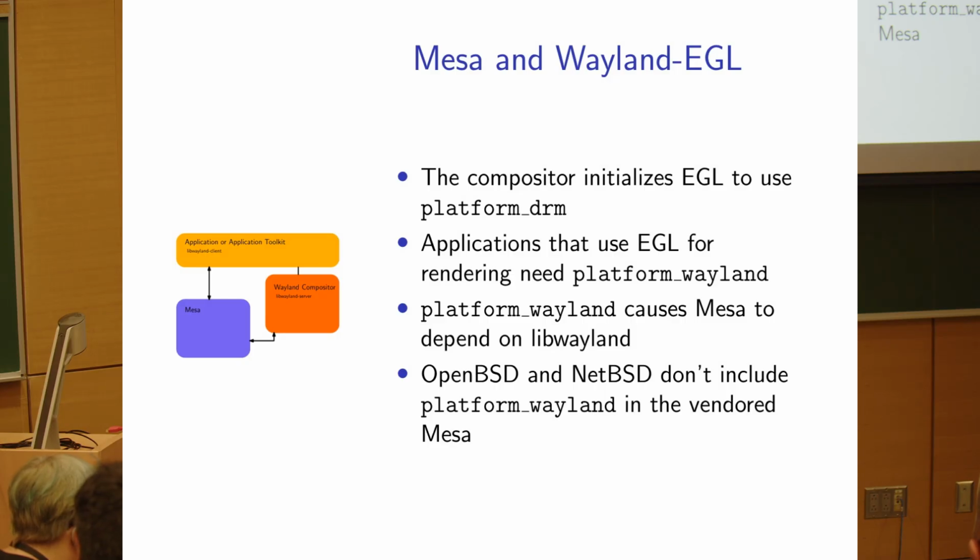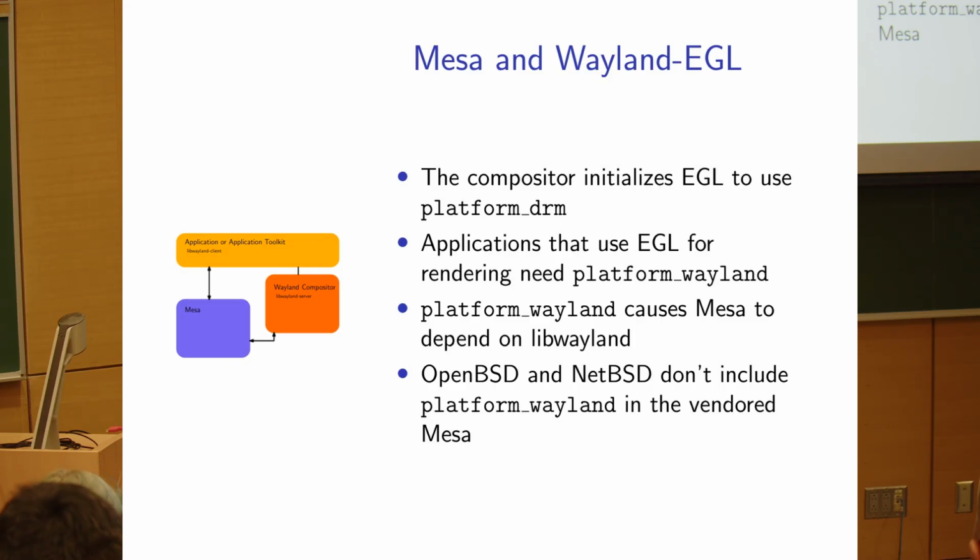And for what are probably obvious reasons, the vendor Mesa libs don't include the platform Wayland, because that then brings in a dependency on the Wayland libraries into Mesa, and then you'd have to build that. And it's a non-trivial addition to the build system. If you've not dug into the code inside of Xenocara or the X11 sources in NetBSD, both operating systems go through this.